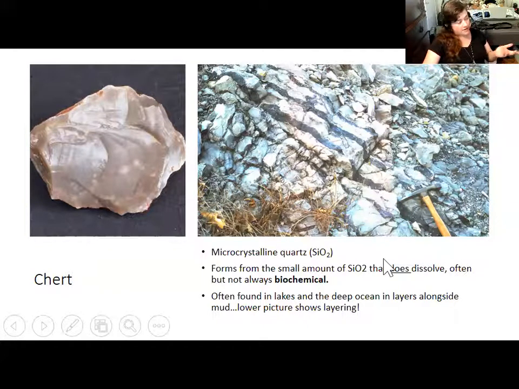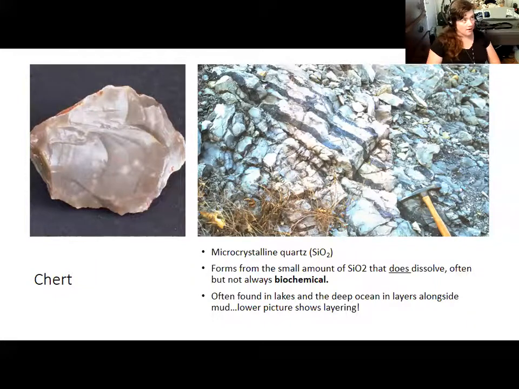And you often find it in lakes or in the deep ocean alongside mud, because where you have the mud lithifying into siltstone, you'll also have silica precipitating out of the water, and to some extent helping to cement the mud together, but also sometimes forming distinct layers that are just made of the microcrystalline quartz.